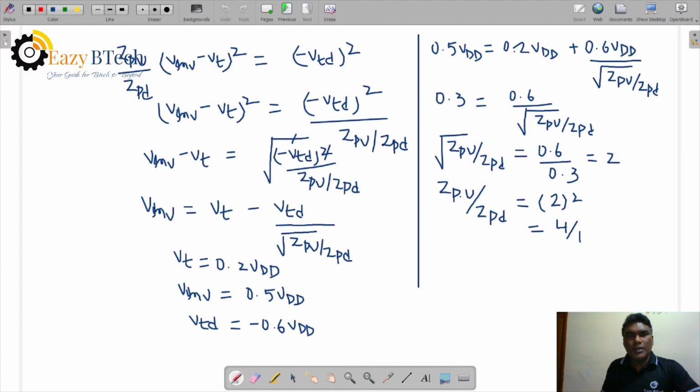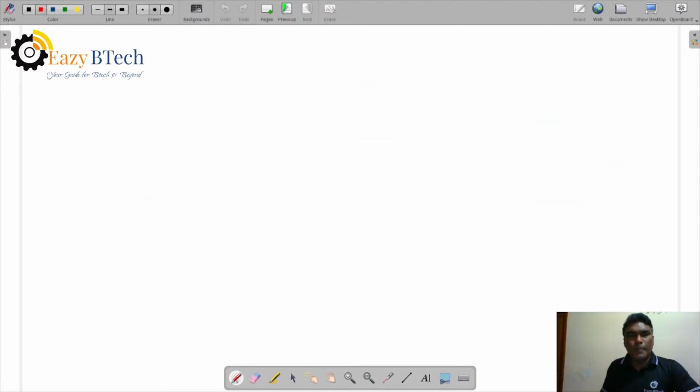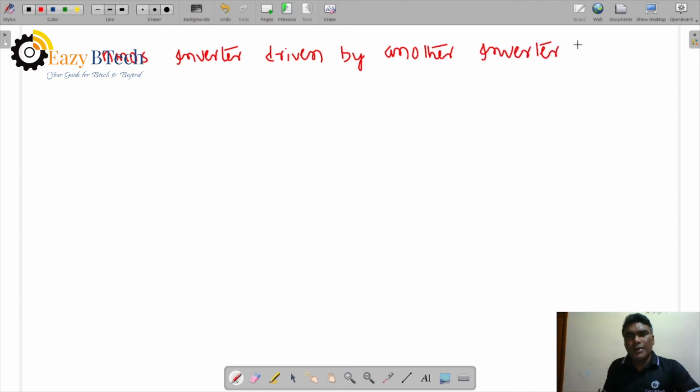Let us see the other case: an NMOS inverter driven by another inverter through pass transistors.